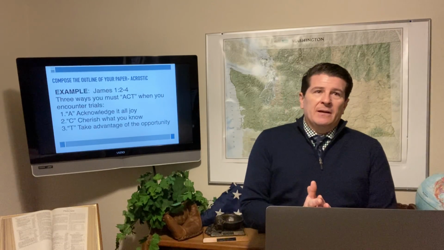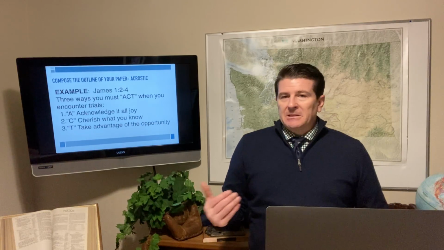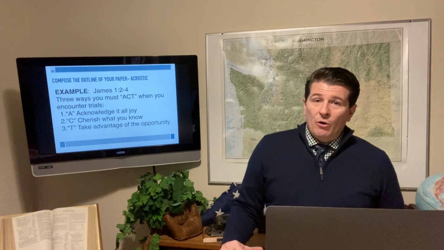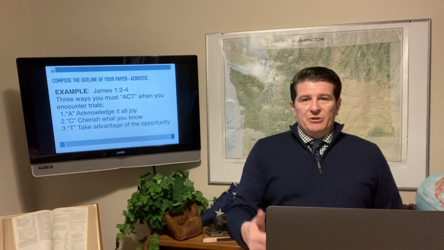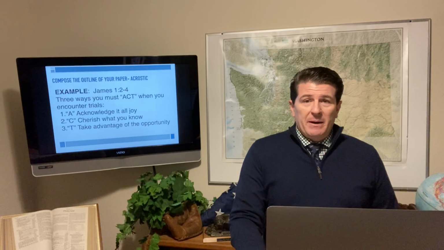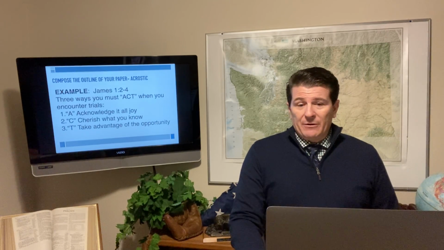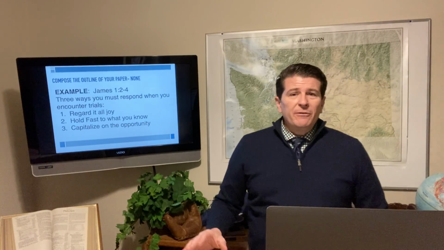And then T is take advantage of the opportunity. See how the acrostic will help me to memorize that. And that's also how the composition of your outline in your plural noun proposition paper will help you and the reader. It's very good. Now, maybe there's none, which is perfectly fine.